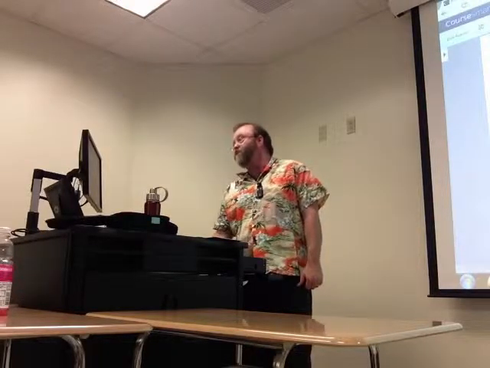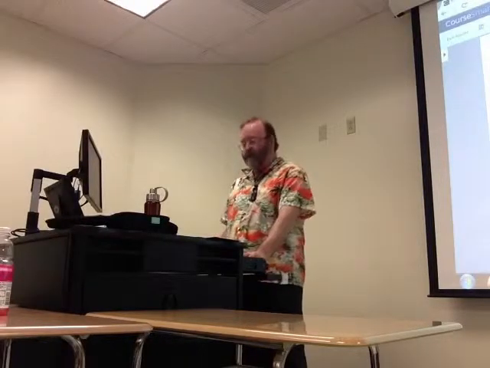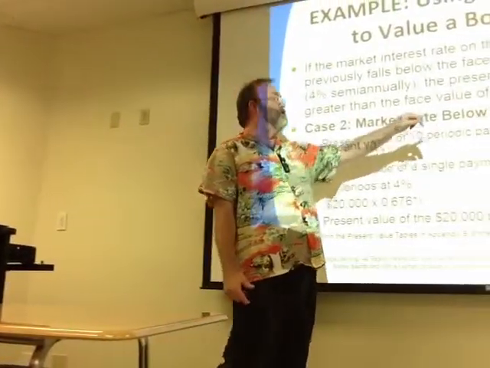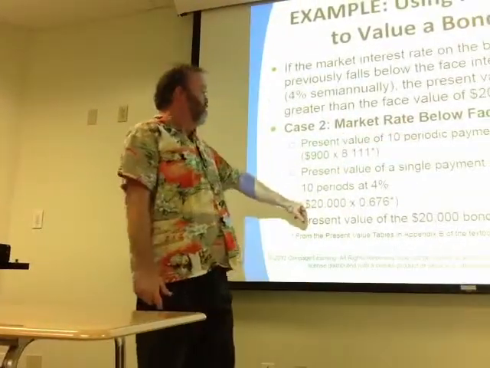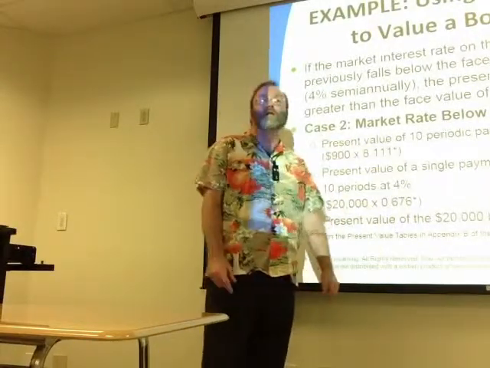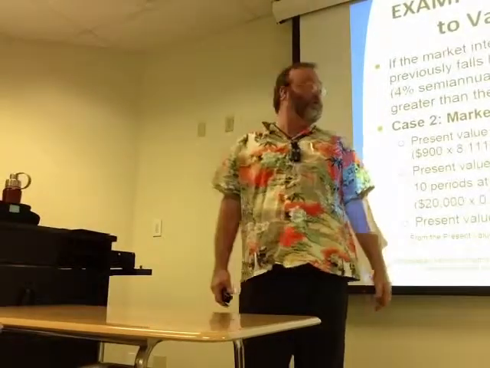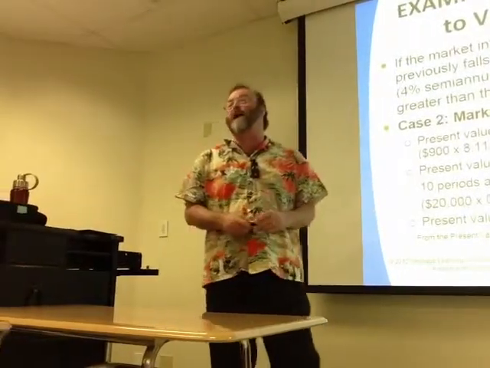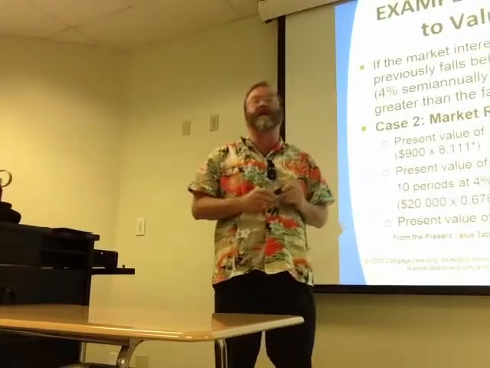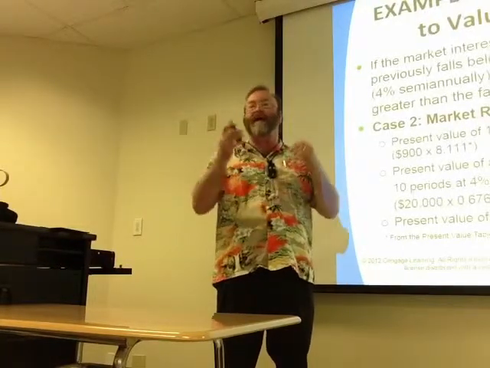On table number 2, 4% is 8.111. 8.111 times the $900 is $7,300. 0.676 times the 20,000 is 13,520. Now they're going to sell for $20,820 because the market only needed 8% and you, in your infinite generosity, agreed to pay them 9.